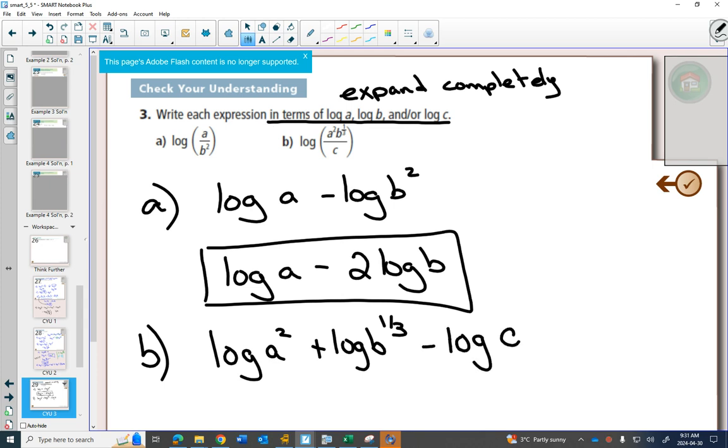That one can be subtracted, all in one step. So whatever is in your numerator, those ones are added. Whatever is in your denominator, those ones are subtracted. And then we can bring out the exponents out in front.